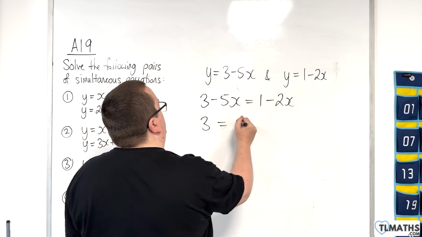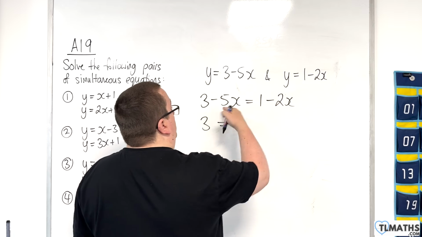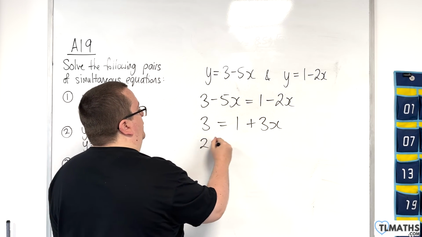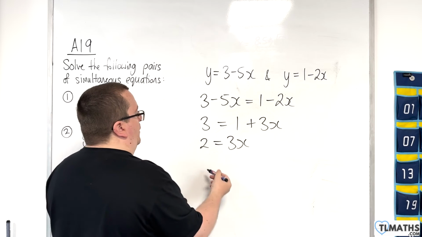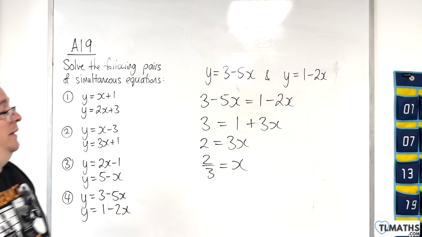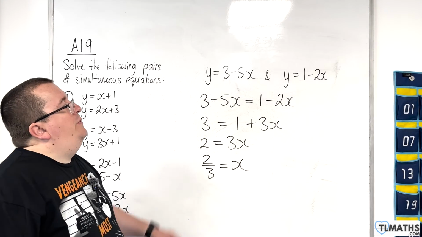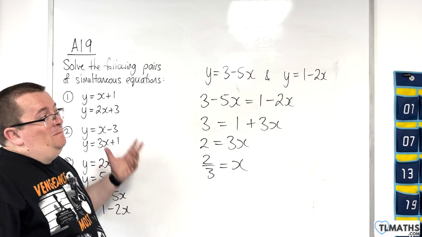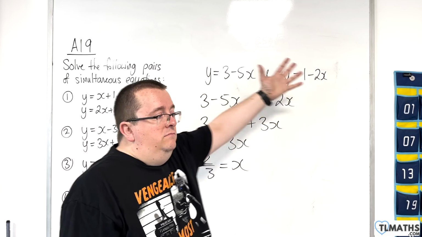So we'll have 3 is equal to 1, minus 2 plus 5 is 3, so 3x. Take the 1 from both sides and then divide both sides by 3. So x is 2/3. So then I've got to substitute 2/3 into either of these two equations. I think the second one's probably going to be easier.